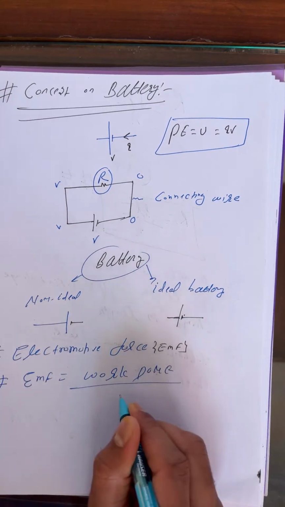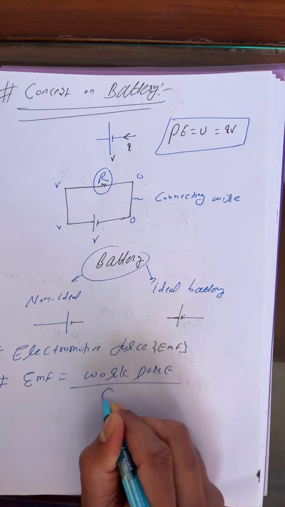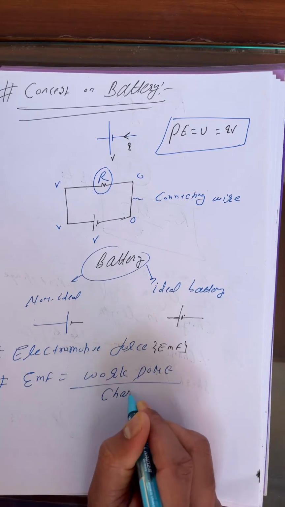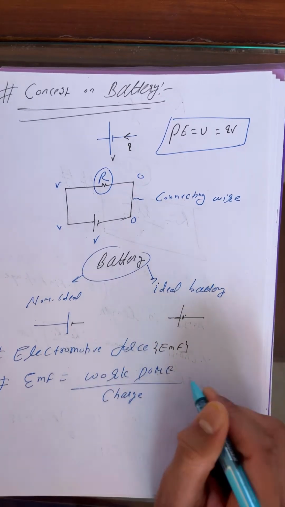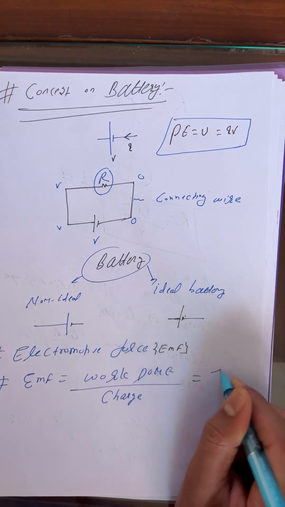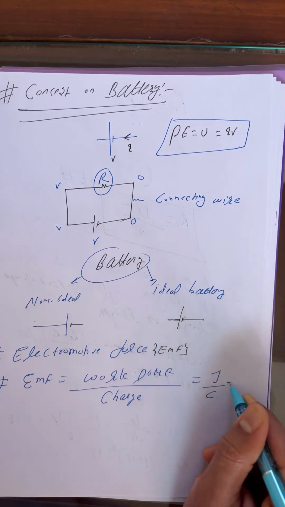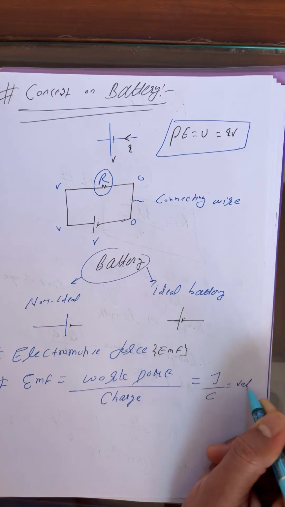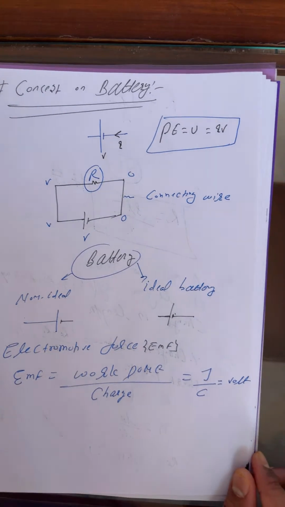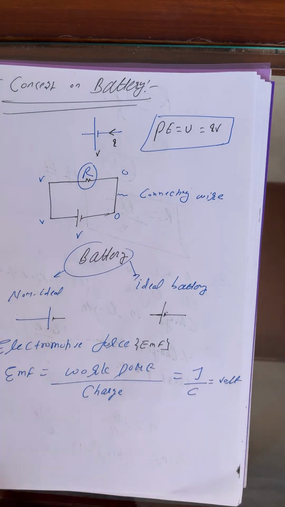You can write EMF is equal to work done per charge. So what is the unit here? Joule per coulomb, which is nothing but volt.